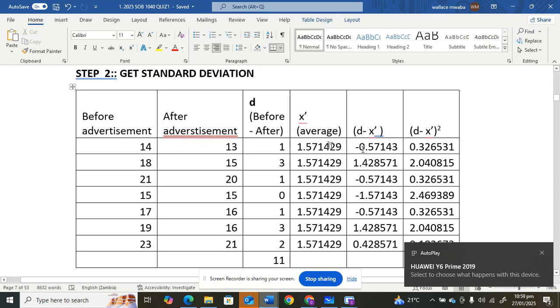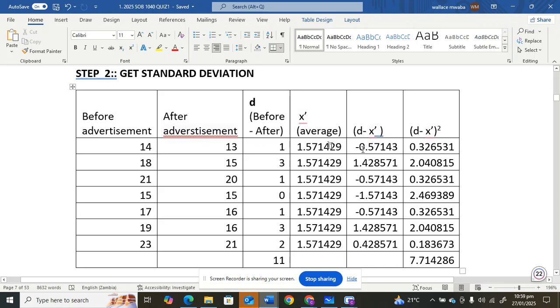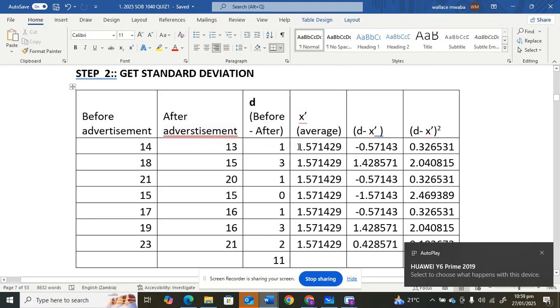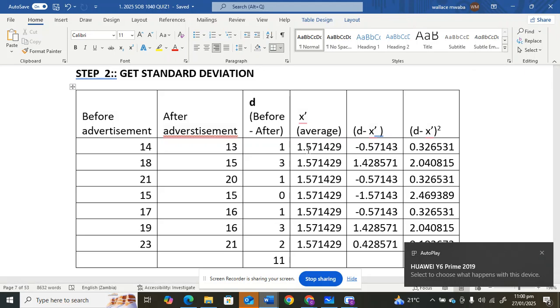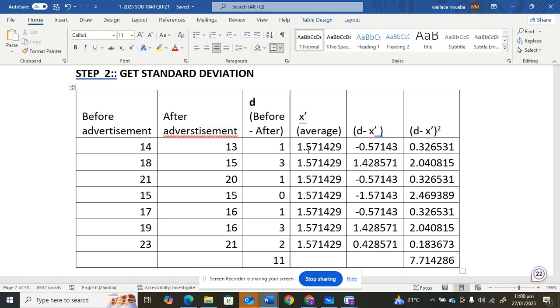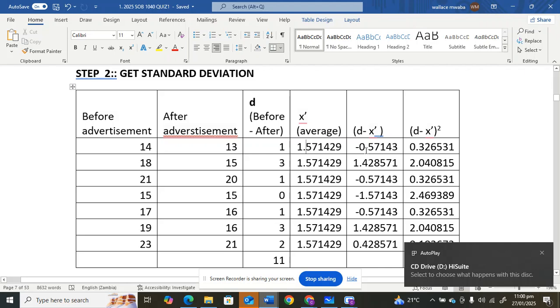It's supposed to be negative, yes. You're starting with this one here, then subtract. Remember, D minus X bar. So if your calculator was doing that, don't even enter the exams with it.